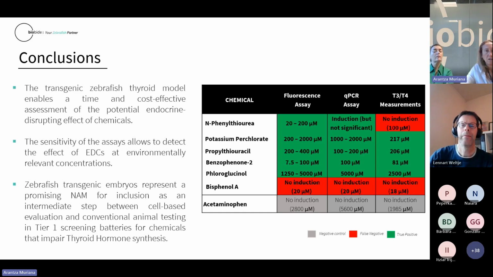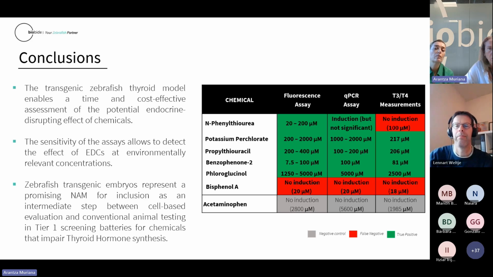Here you can see at which concentration each compound was positive for the fluorescence assay. We detect that our fluorescence assay is the more sensitive one if we compare the three. And the T3, T4 levels are very similar in the concentrations at which we reach a positive.